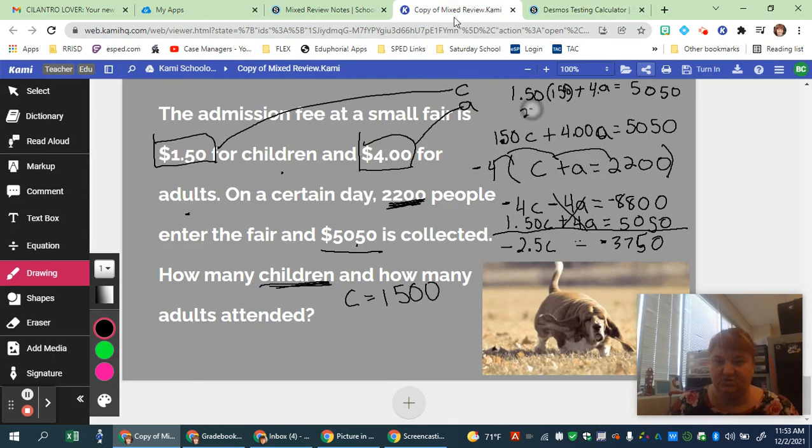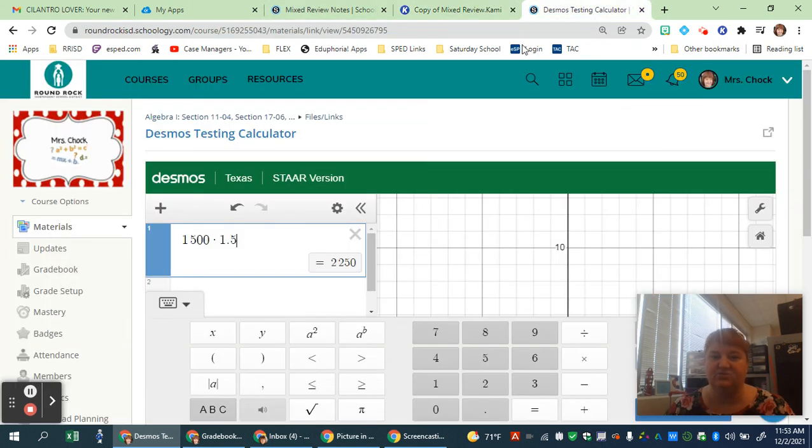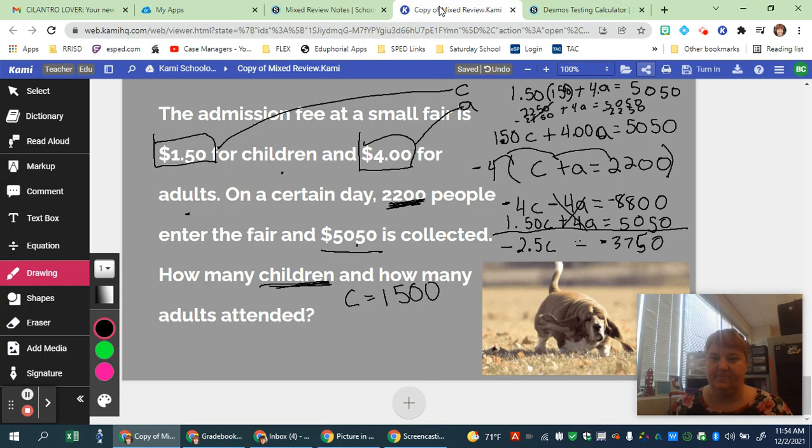So 2250 plus 4A equals 5050, minus 2250 on both sides. So 5050 minus 2250 is 2,800.